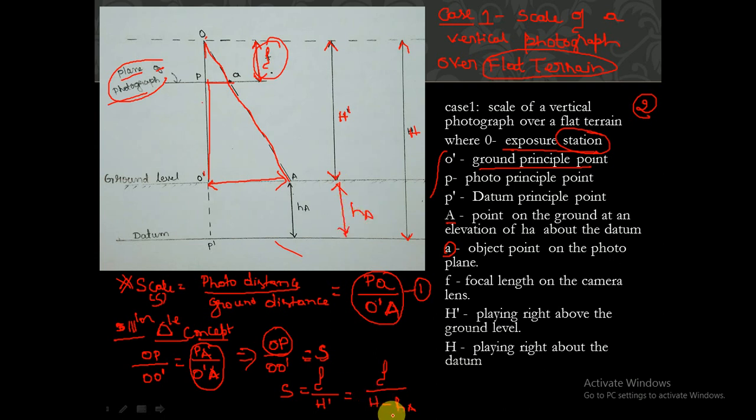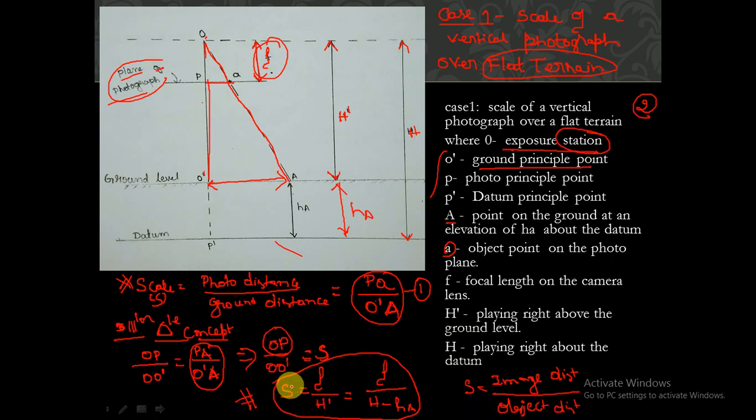This comes to be H minus HA. So this is the equation. This scale can also be written as image distance divided by object distance. A simple derivation, more problems will follow.